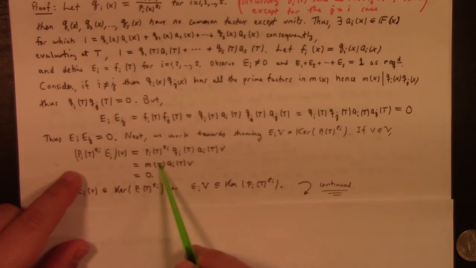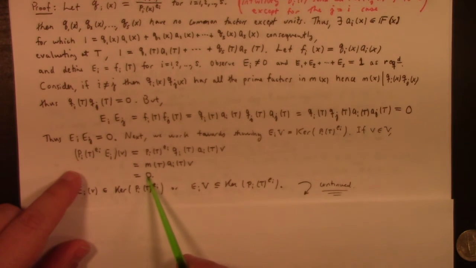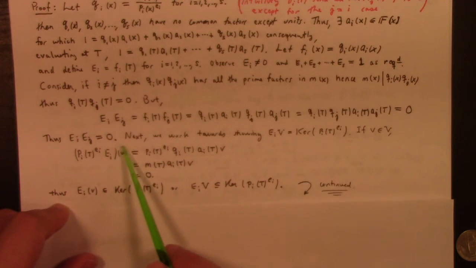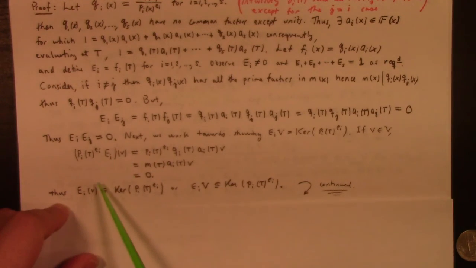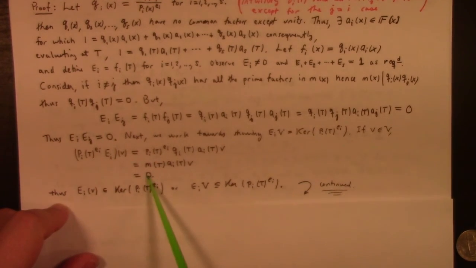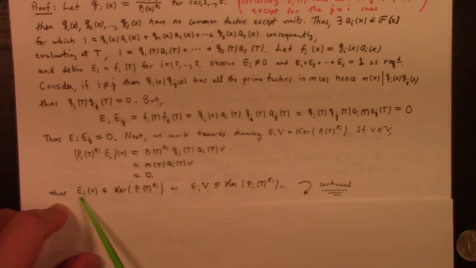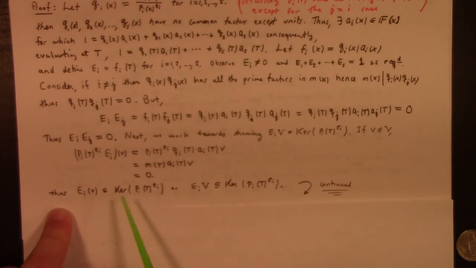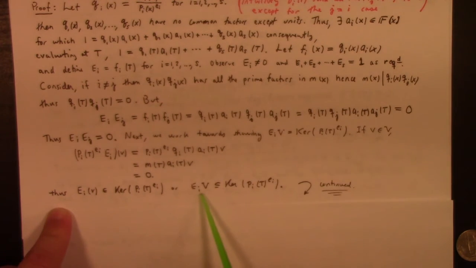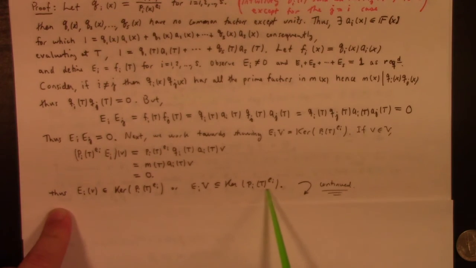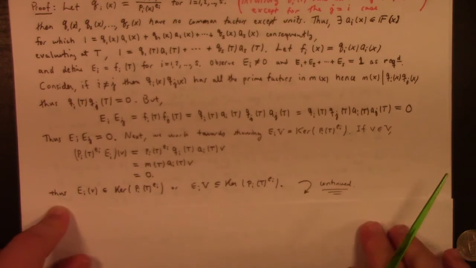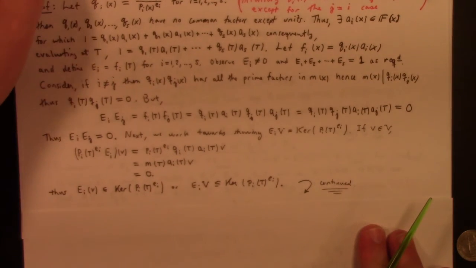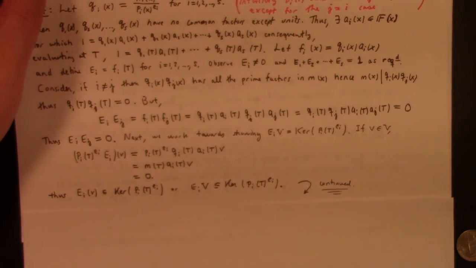Of course, that's 0, and so this is 0. So when you feed Ei v to this transformation, you get 0. That shows that Ei v is in fact an element of the kernel. In other words, the image of the vector space under the Ei transformation is a subset of the kernel of the ith prime power in the minimal polynomial. All right, that's half the battle.